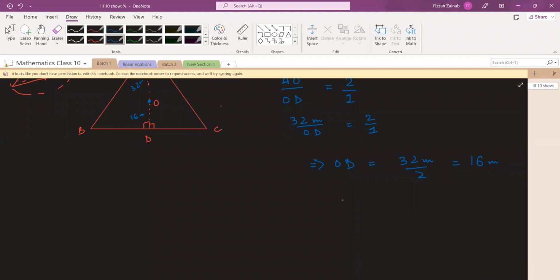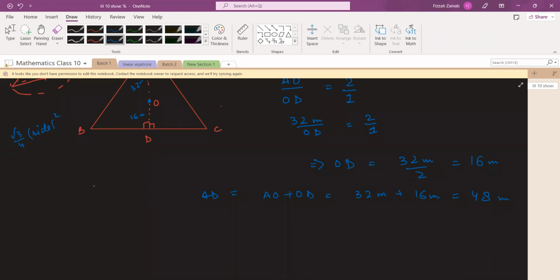So how much is complete AD? AD is AO 32 plus OD 16, so 32 meter plus 16 meter becomes 48 meter, correct? Basically in this formula, √3/4 side square, I need the side of this equilateral triangle, right?